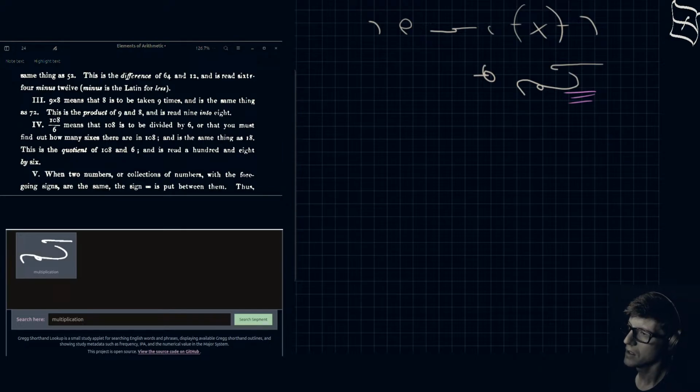I know this is wrong Latin, but we're reading it from the right-hand side over, so if we're going to be weird, we're going to be weird together. So this is 4. 108 over 6 means that 108 is to be divided by 6, or that you must find out how many 6s there are in 108, and is the same as 18. This is the quotient of 108 and 6, and is read 108 by 6.